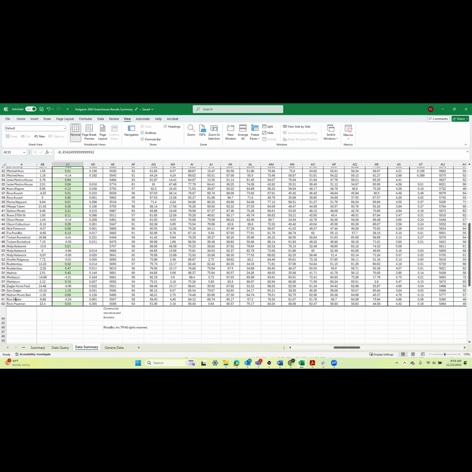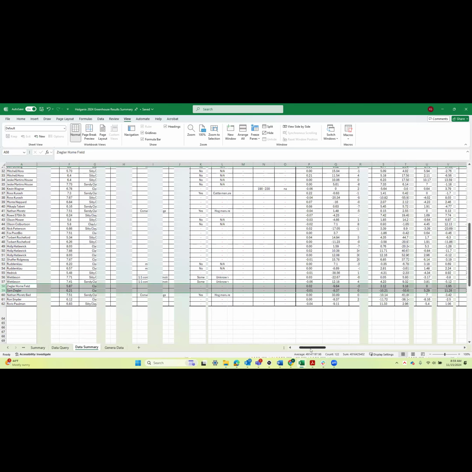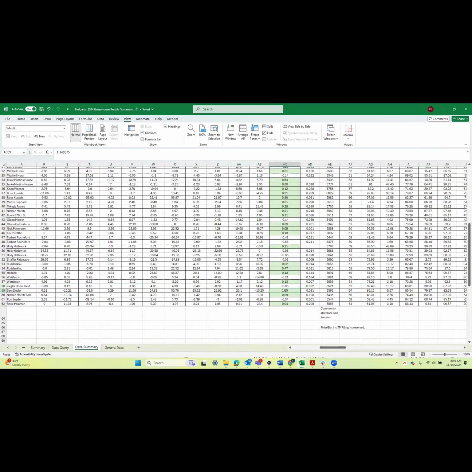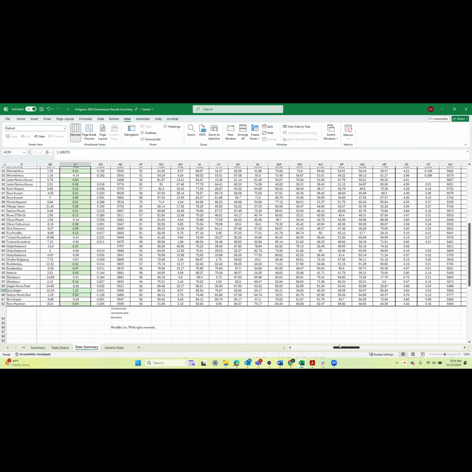Actually, now that I think about it, I believe Sam Ziegler's field was a little bit of a different one. In this one, the cover crop did quite well, responded really well versus the home field, which I think had a few week old soybean crop and a good layer of manure put down. So maybe it had some well digested manure, already put a bunch of biology down, and maybe not that much room for improvement.